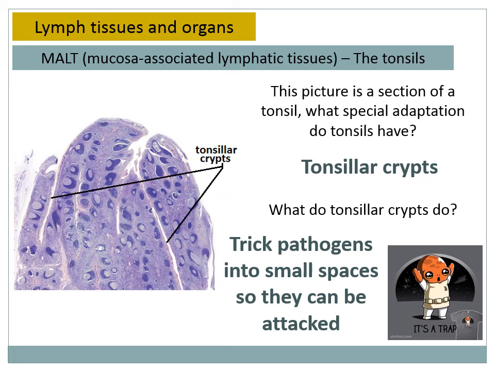Now, if any of you have ever had tonsillitis, you know that this doesn't always work. Sometimes the bacteria or the virus or the pathogen can get in there and just take over. But most of the time, these tonsillar crypts are super helpful. They're just going to lure things down and attack them. I don't know how else to describe them except that they are a trap.